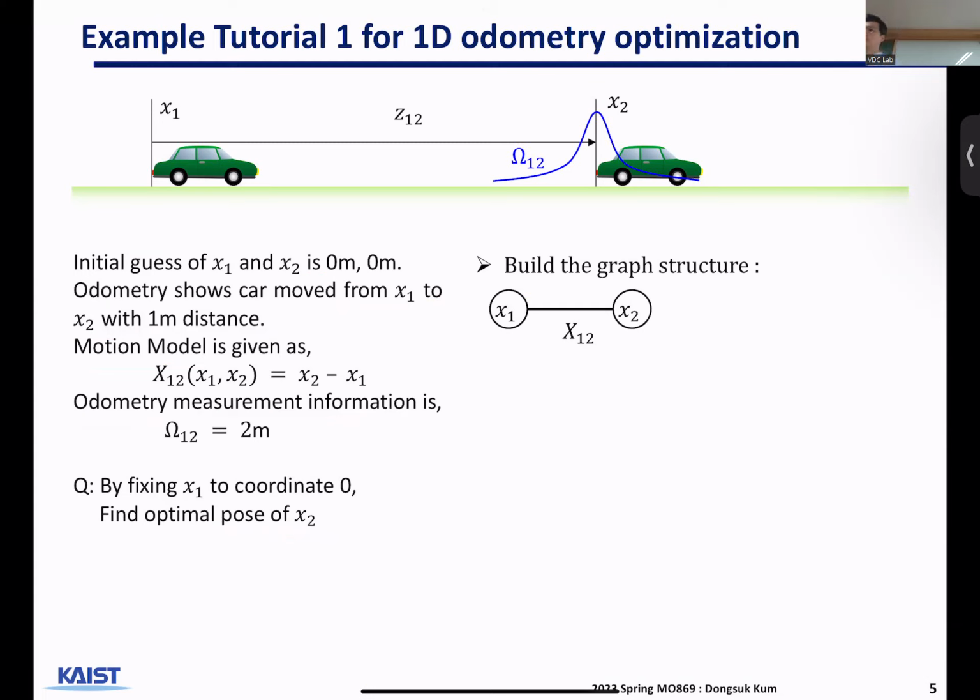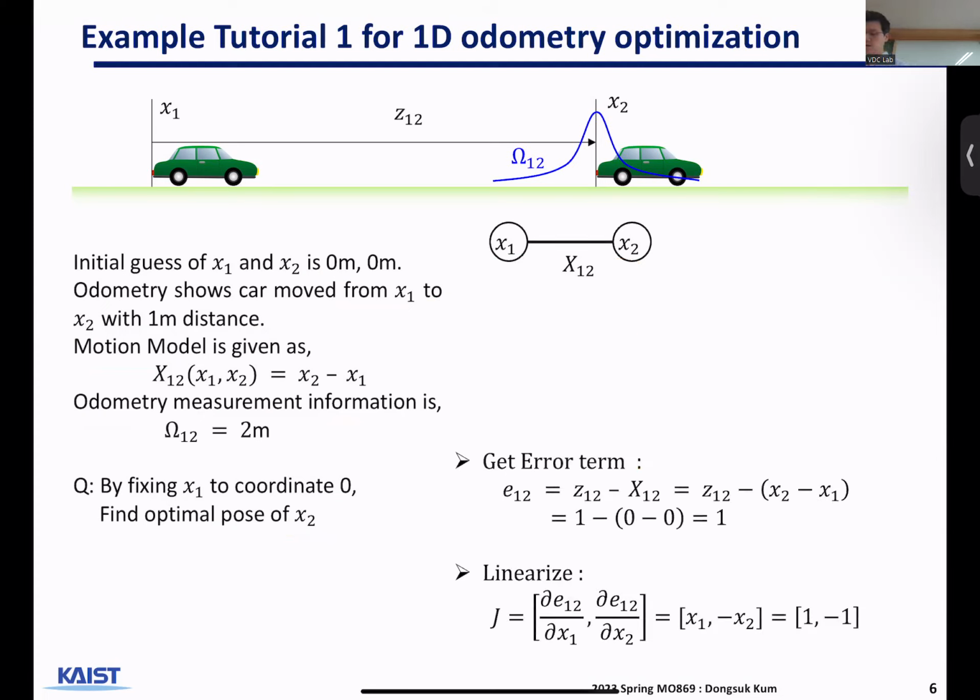First, like we learned last lecture, we need to build the graph structure. Okay. So we're going to define the nodes, which are X1 and X2. And X12 is the true position of X2 with respect to X1. And we have observation, measurement information. First, we need to start with the error function.